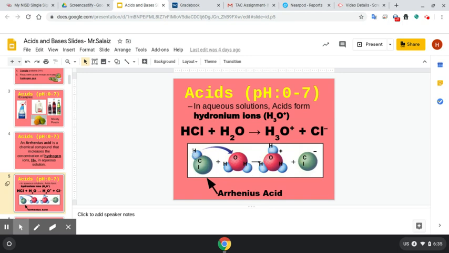What's happening here is that the hydrogen from the hydrochloric acid, after the reaction, is going to donate itself to the base, which is this water molecule, and on the other side of the reaction we have this hydronium ion and this chloride ion. Hydronium is H3O. In this situation, the Arrhenius acid is the hydrochloric acid.